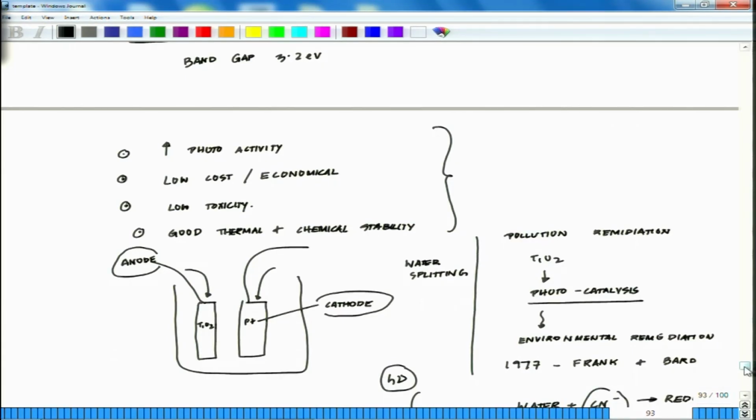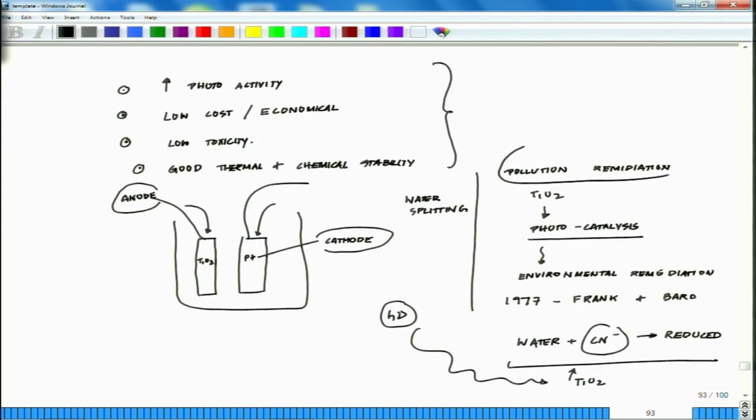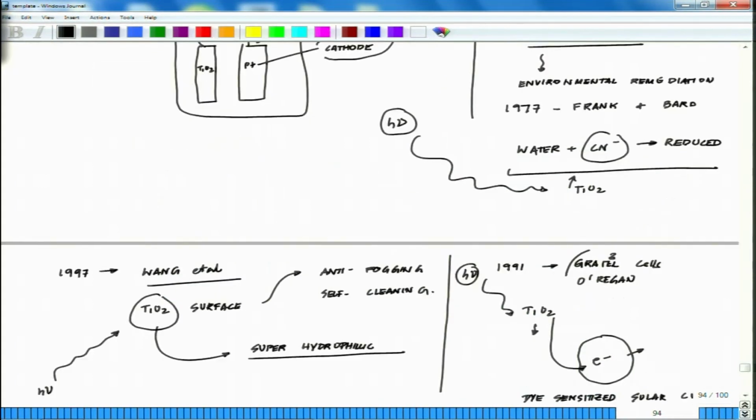We will talk about the mechanism of action for pollution remediation, for the Gratzel cell, and for anti-fogging and self-cleaning. So, the same material having multiple functions, this is where the future lies. This is where much of the work is happening. In the next class we will talk about a brief mechanism of titanium dioxide and how it executes this process. Okay, thank you.